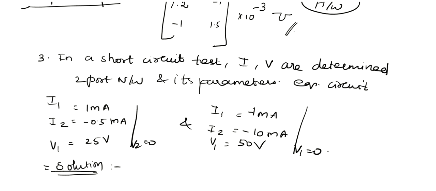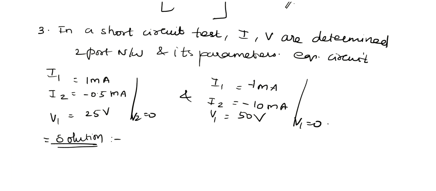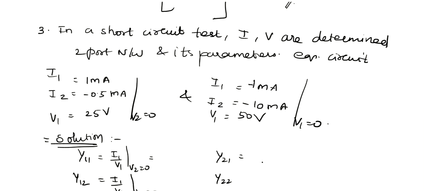How many parameters are involved for a short circuit? Yes, four parameters: y11, y12, y21, y22. Now tell me, y11 is I1 by V1 by making V2 equal to 0. This y12 is I1 by V2 by making V1 equal to 0. That is y21, I2 by V1 making V2 equal to 0.